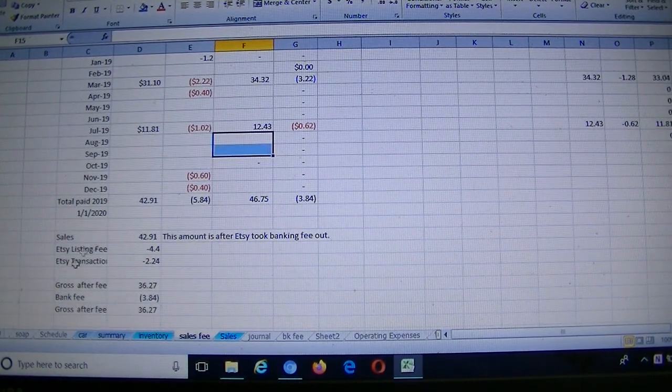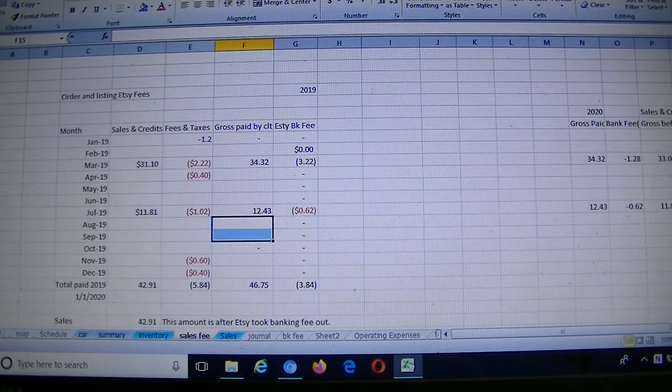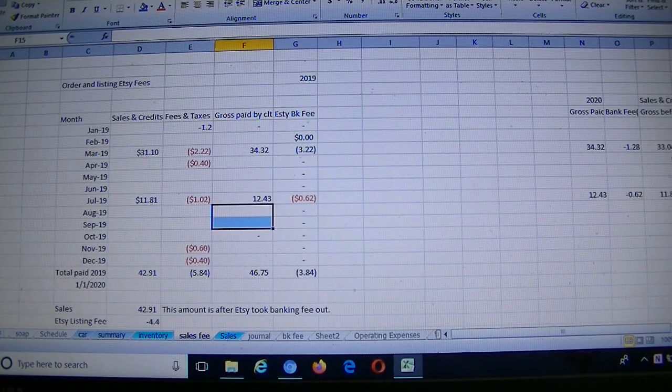So the information I didn't have here was the bank fee, because I know how much my gross sales were, and I know what Etsy said they charge me, but it doesn't really add up to the amount that I have on hand. So I try to calculate the bank fee here.